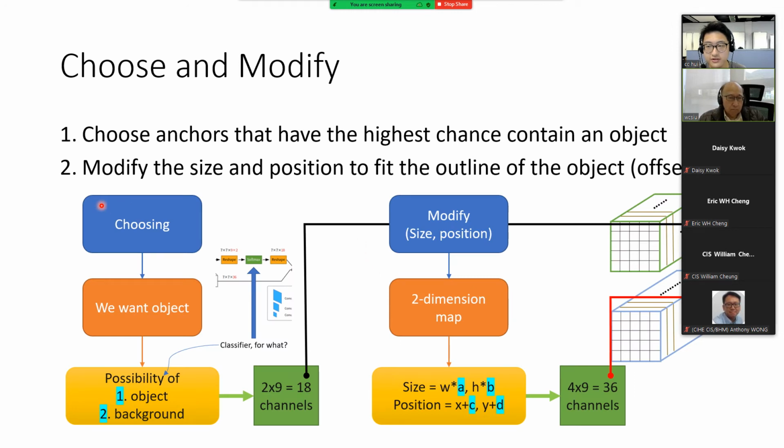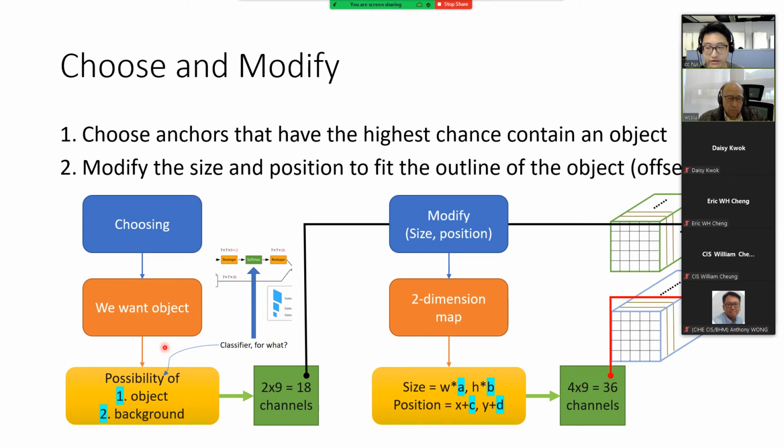So first we want to choose the anchors. Choosing an anchor means we want an object, and it brings us to the probability problem. At the first and second page, I asked what the classifier is for.